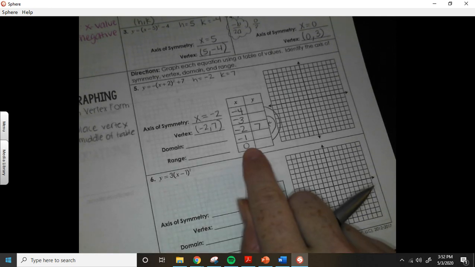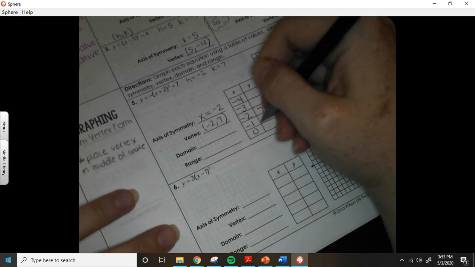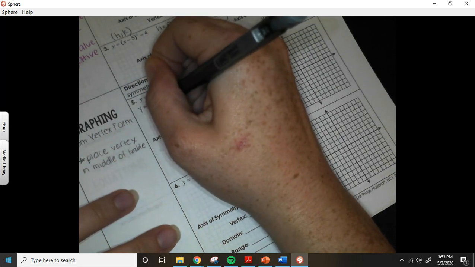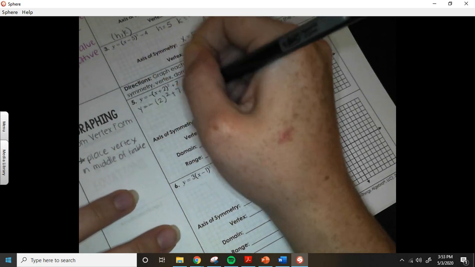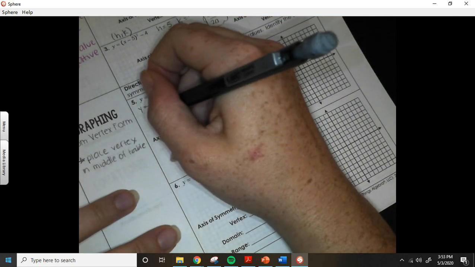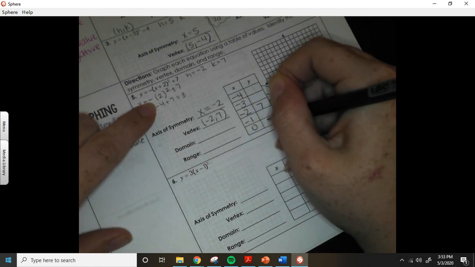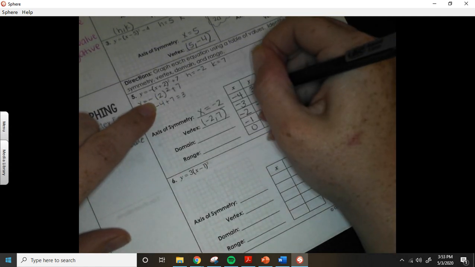Now, if I'm going to plug in 0, obviously that's the easiest thing to plug in. Let's just plug in 0. So y is equal to -(0 + 2) squared plus 7. So 2 squared is 4. -4 plus 7 equals 3. So if I plug in 0, I get 3, which means this will also be 3.